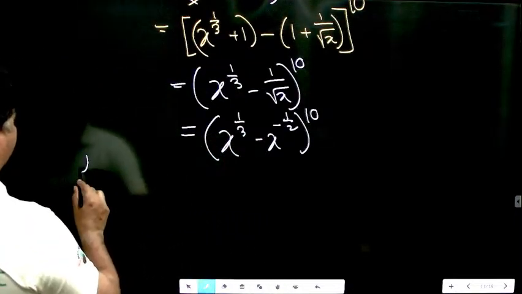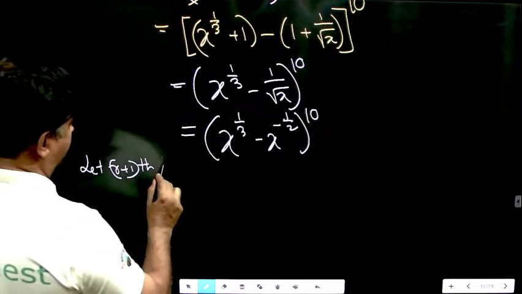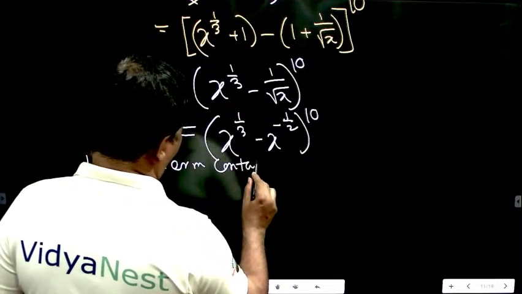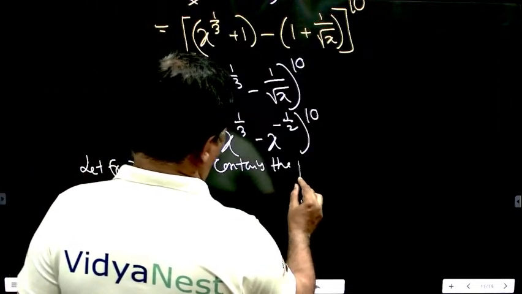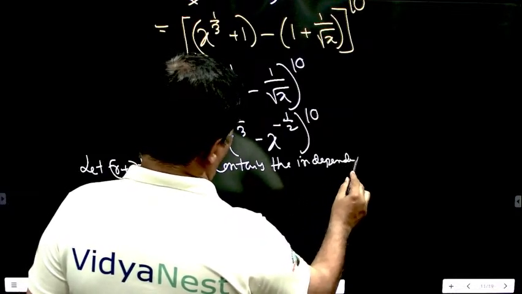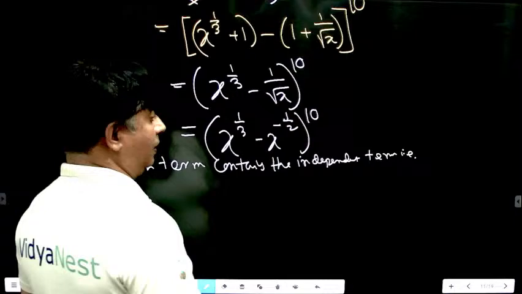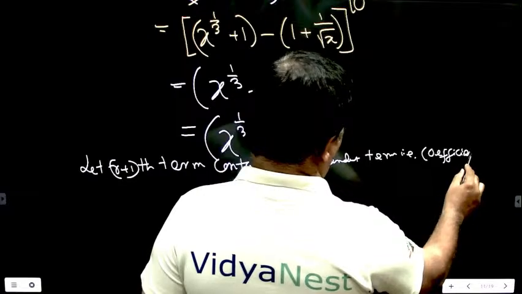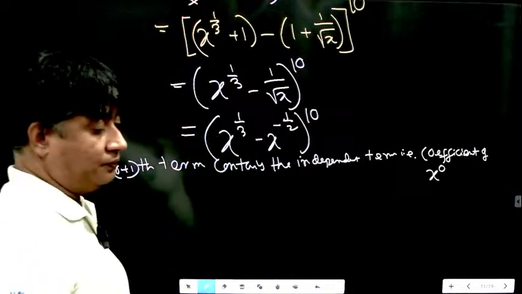Let the r plus 1th term contain the independent term, that is, the coefficient of x to the power 0.